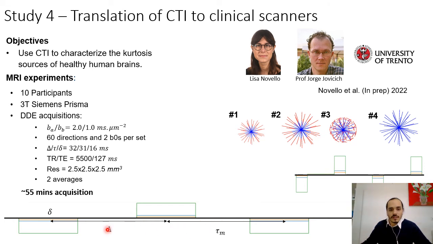Here is a comparison of a schematic of what we are using and what we use on the preclinical, on the same scale. Basically we are using higher diffusion times and higher small delta, and this might decrease a bit our microscopic kurtosis.